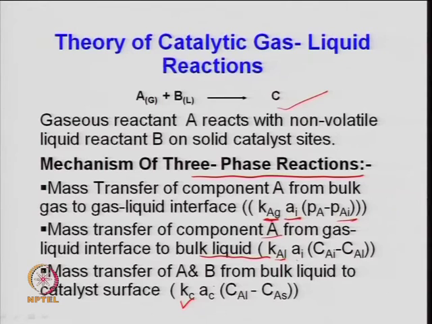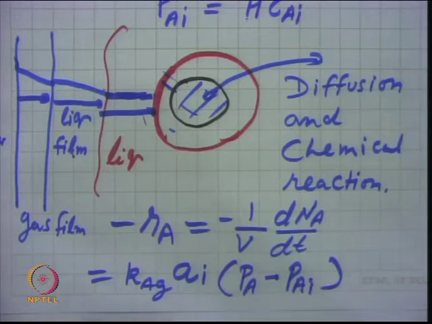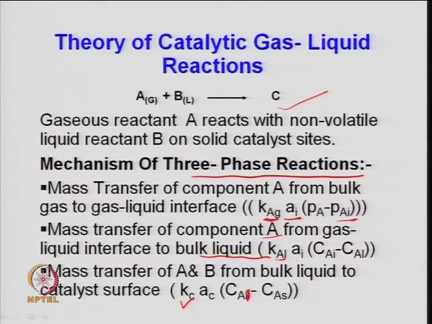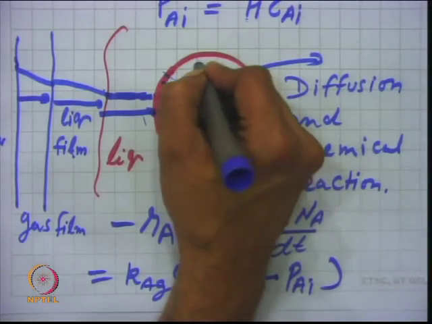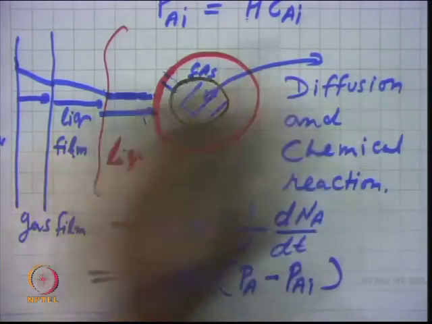Either unit can be used, and accordingly the total rate can be calculated. Here, if you define it based on this, it is per unit volume of the liquid. So, C_AI, which is the concentration at the interface, minus C_AS, where C_AS is the concentration of A at the surface of the solid.